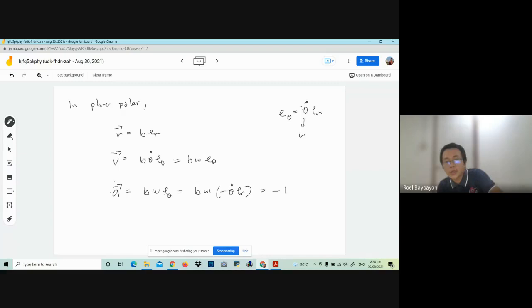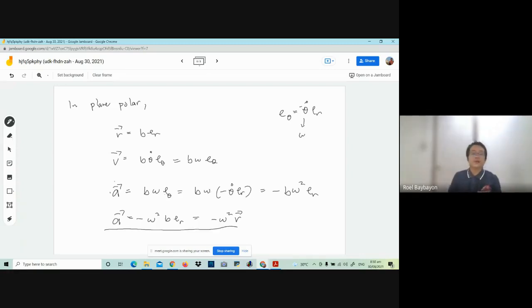So I have negative b omega squared e_r. And what is b e_r? This is just equal to the vector r. So I have minus omega squared times vector r.